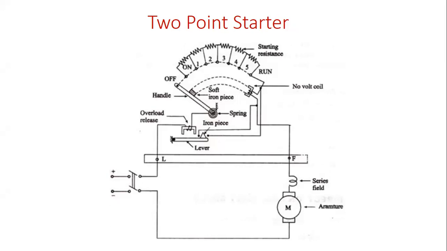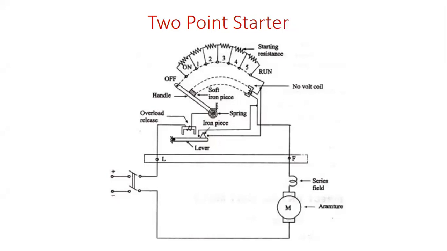To protect this machine also, the starter is helping us. Not only to start the DC motor, the ultimate aim is to limit the starting current which is flowing inside the motor.